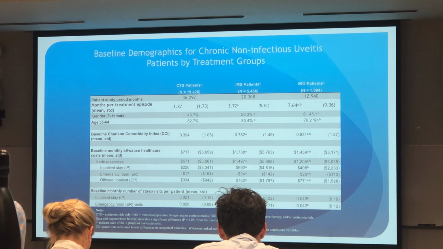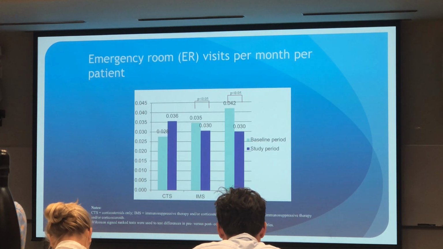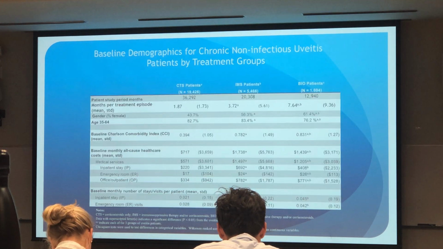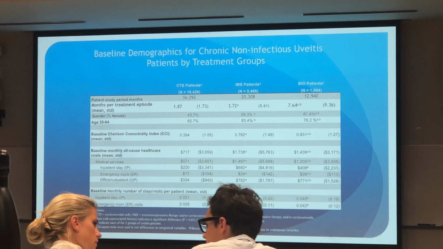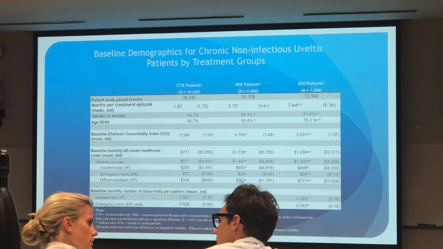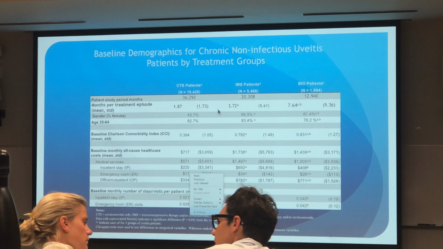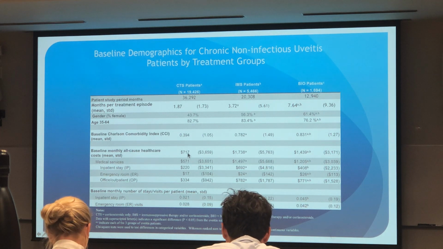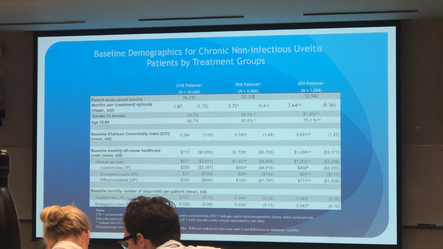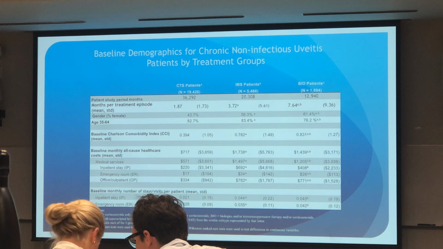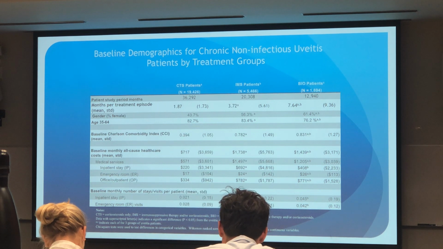So for example, on a monthly basis, before the baseline, in the corticosteroid group, the baseline monthly cost is for all healthcare costs.